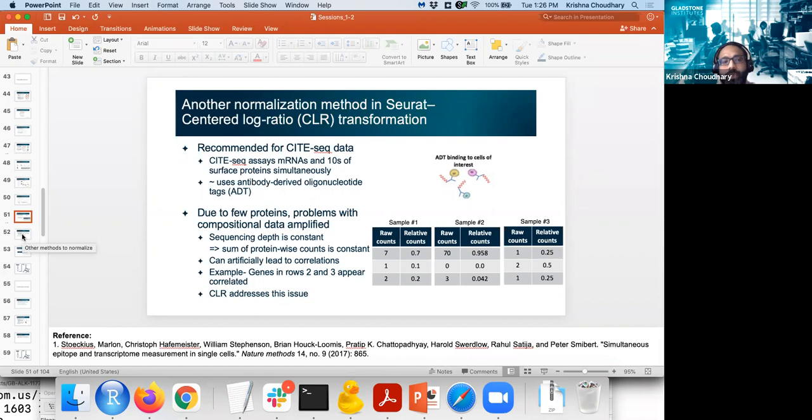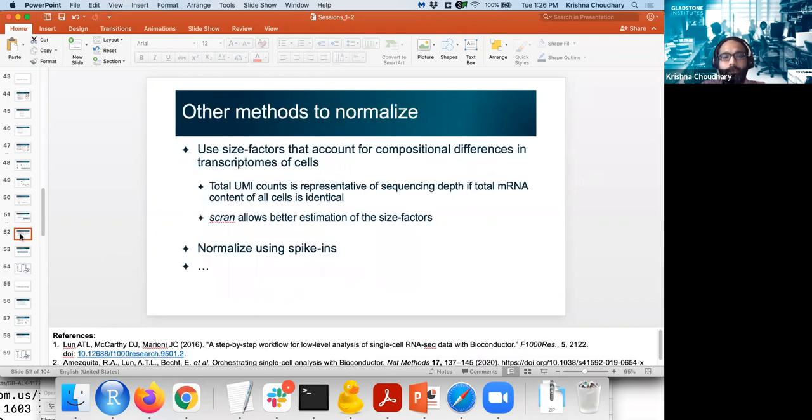Any question regarding that? I hope I was able to make myself clear or convey the key point here. There are also other methods available for normalization, such as a Bioconductor package. I believe this is a Bioconductor package, scran, which allows for estimation of size factors in the sense that people do in bulk RNA-seq.